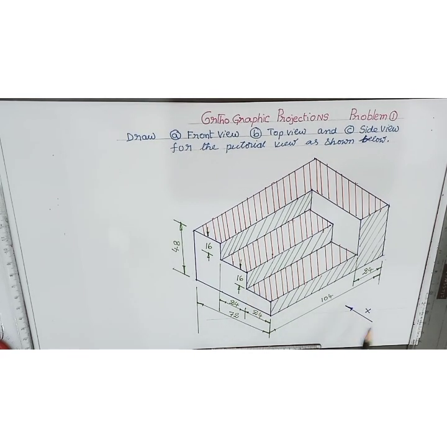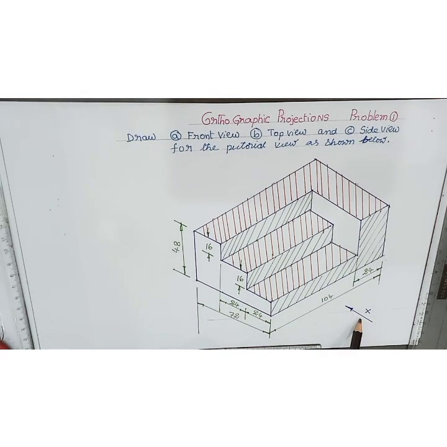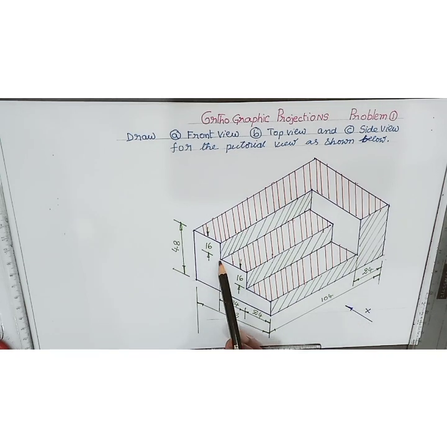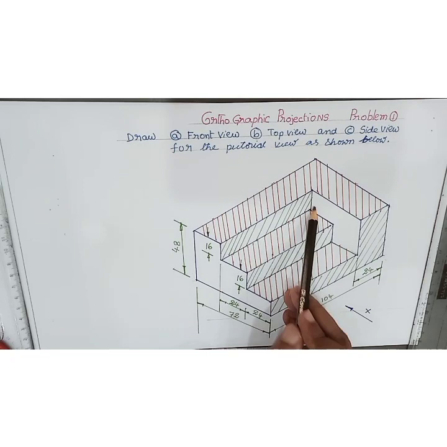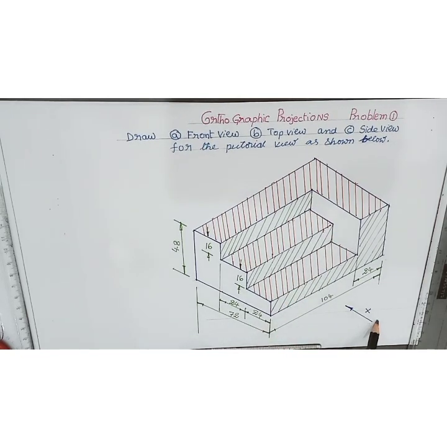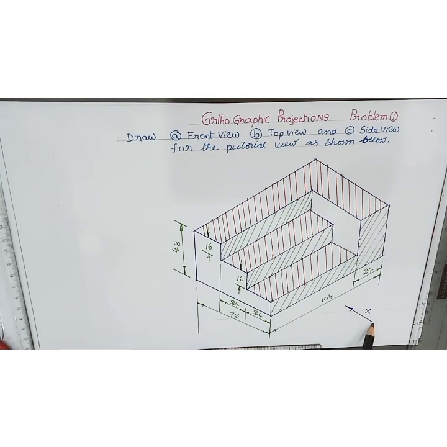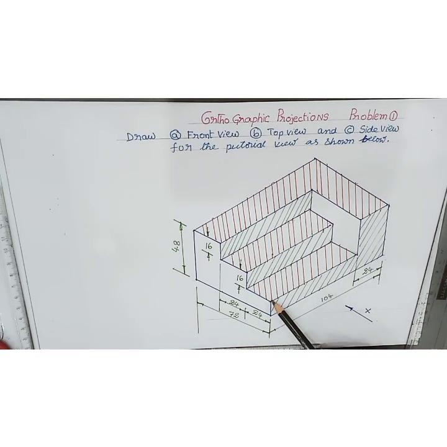That is, breadth is perpendicular to the observer in front view, and even these breadth lines are also perpendicular to the observer. So in the front view, we are able to see only length and height dimensions.